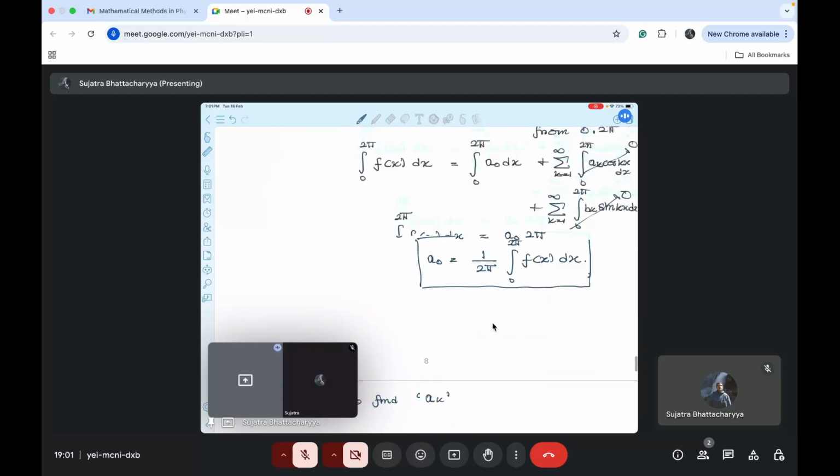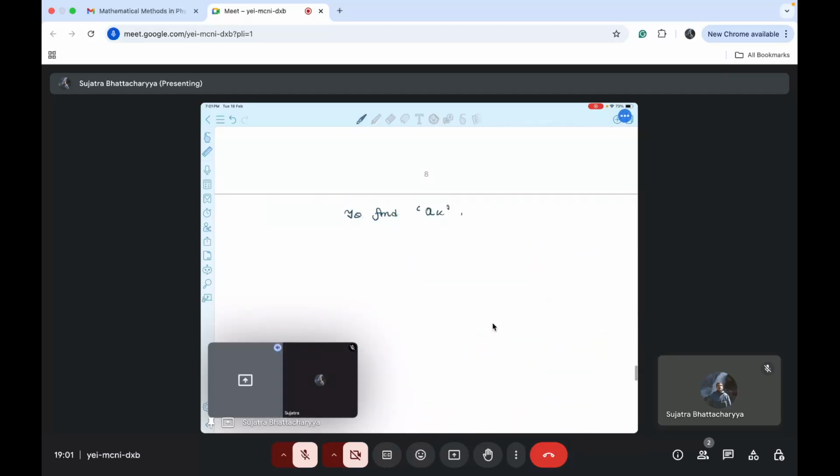Okay. So to find a_k, let us integrate with cos kx dx, from 0 to 2 pi. So let's do it. In the left hand side, we have the integral from 0 to 2 pi of f(x), and we are integrating with cos kx.